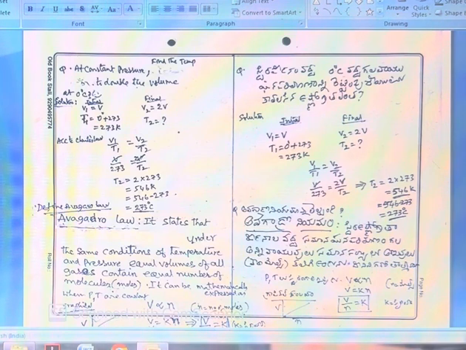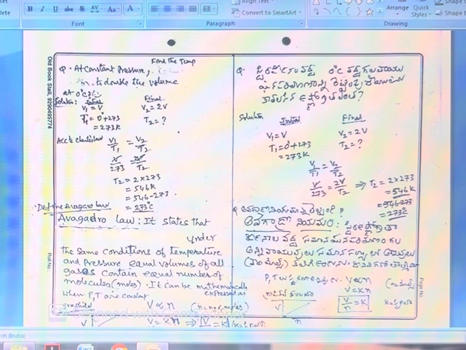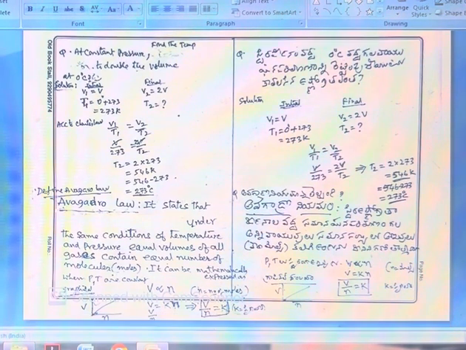The graph is also like this. If you take the graph between V and N, it gives a straight line. V versus N, the graph is a straight line passing through the origin.